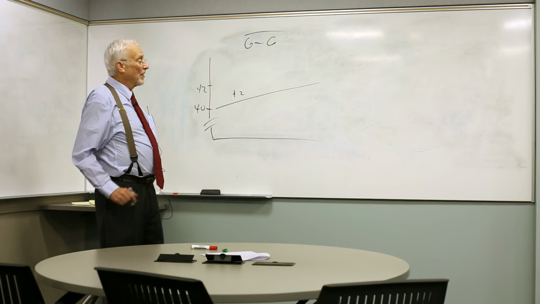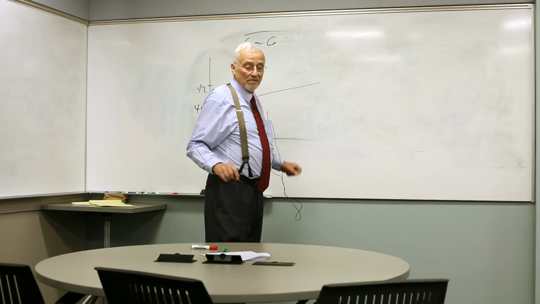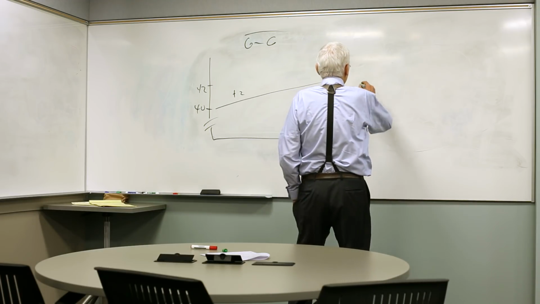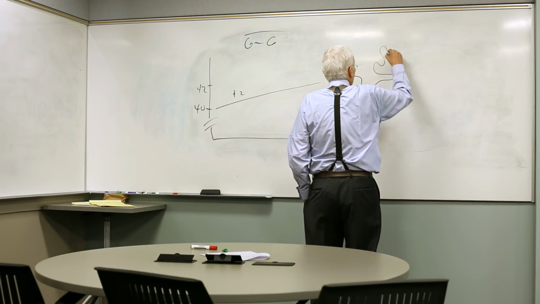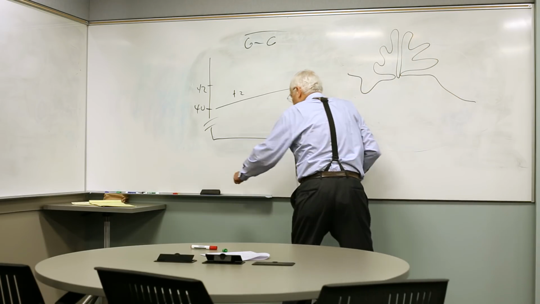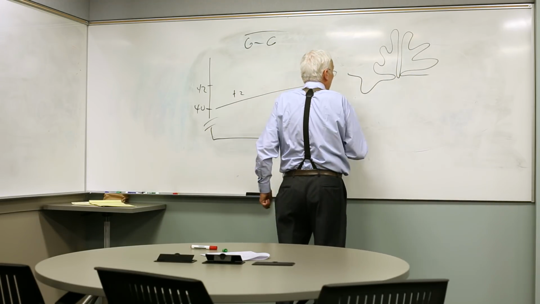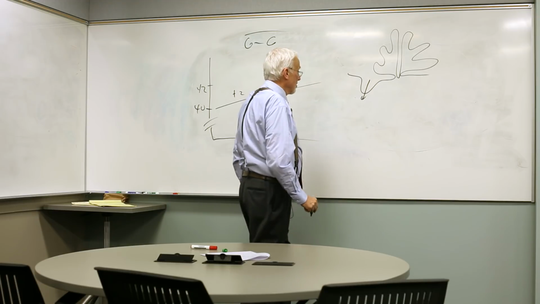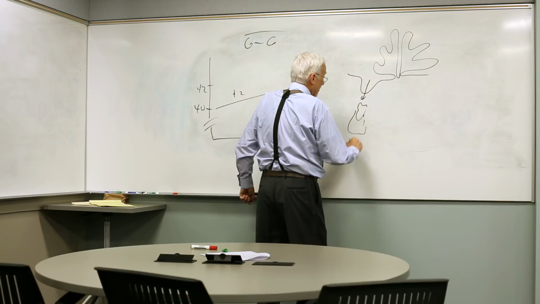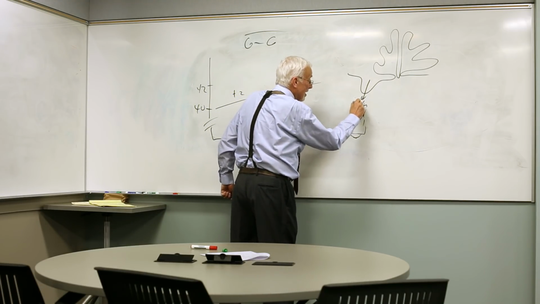I'll draw this again. This is why I find this confusing. It's in the Michigan Atlas. Well, that's good enough. The upper molars erupt like this. If you look at the lower molars, I think they erupt like that.